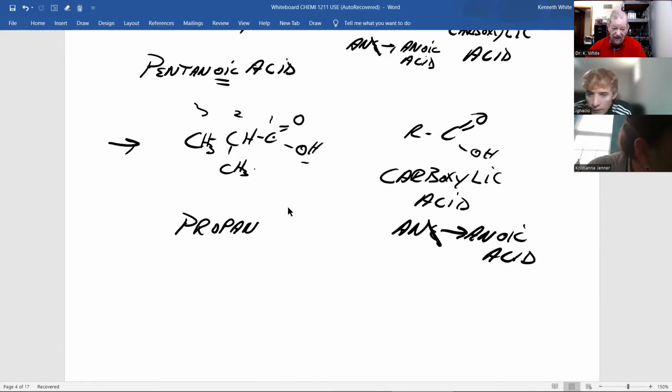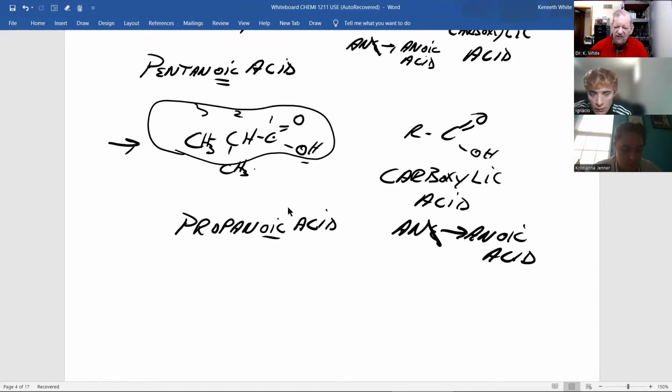So that would be propanoic acid. However, are we done? No. Look, it's your old friend, the methyl group. What carbon is it on? The carbonyl carbon is 1, so that's on carbon 2. So that's 2-methylpropanoic acid.